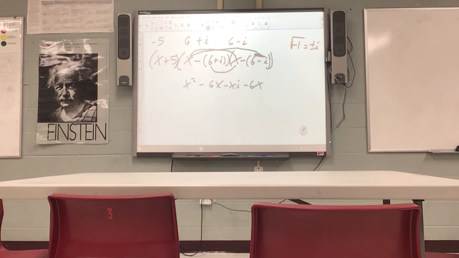I should have had a plus xi somewhere. Where did I? Would it not be the i with the x for the right side? Yes, because right here you have a negative and a negative. You're correct, good job. So this one will be a plus xi. And then here we would have a minus xi.